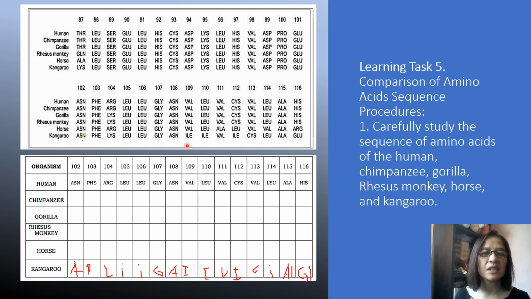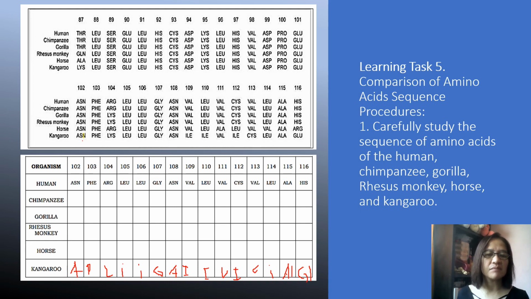Magkaiba na, valine at saka isoleucine, 2. 110, leucine at saka isoleucine, 3. Parehas. Magkaiba, 4. Magkaiba, 5. Parehas. Parehas. 116. Magkaiba, 6.